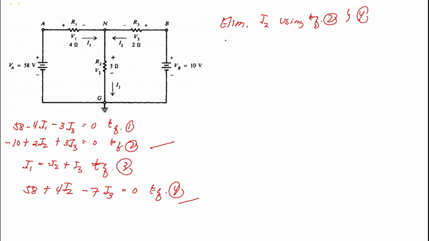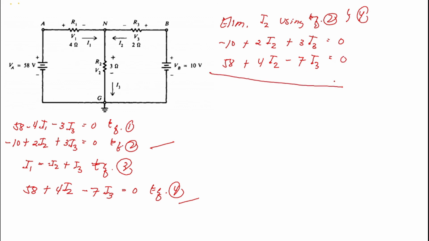Ano yung equation number 2 mo? Negative 10 plus 2I2 plus 3I3 is equals to 0. Equation number 4, 58 plus 4I2 minus 7I3 is equals to 0.